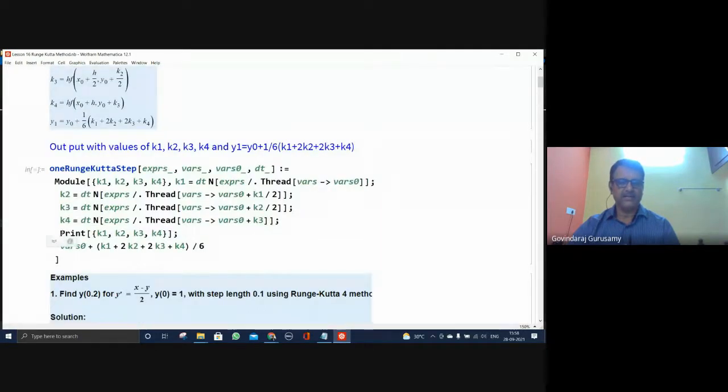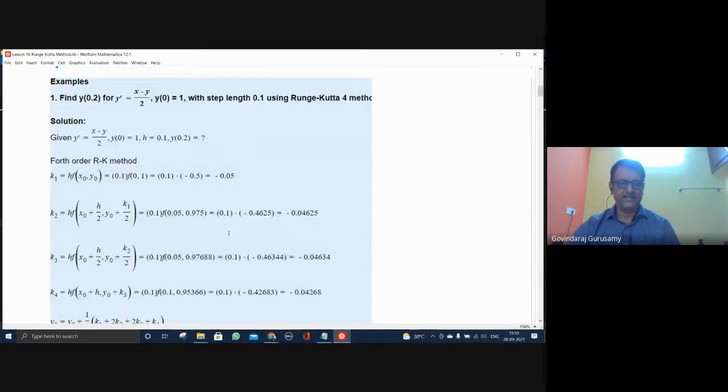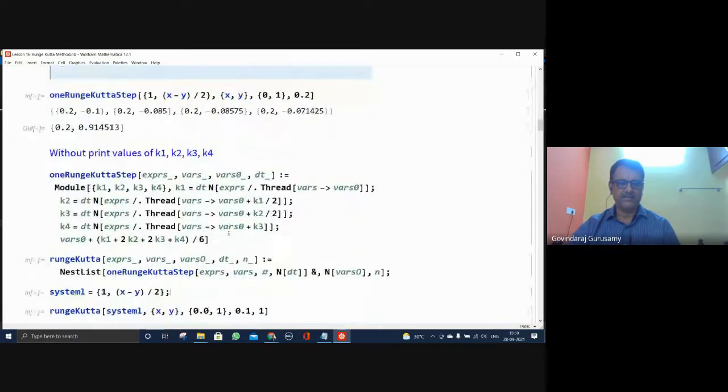Later on, I don't want to see this again because it's going to be a large amount of data that will be printed when you go for a larger number of n values. So to start with, let us confirm that one step is working properly with this pattern which you have written. Then I add the alternate, the number of steps needed for iterative purpose: in the nest list, you just add a number n with the same variable that goes into this.